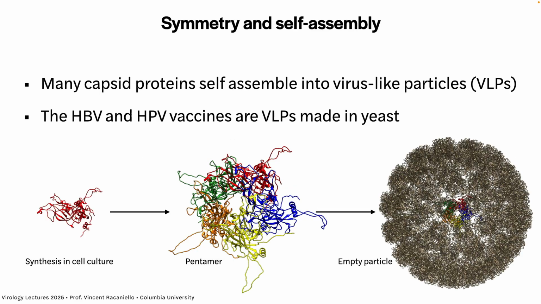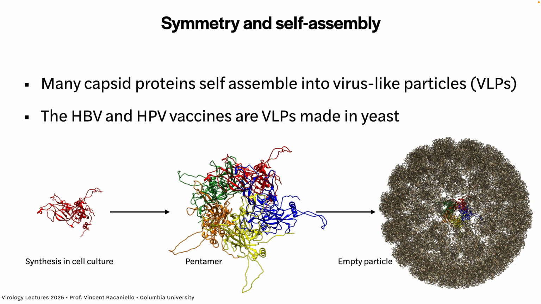And these rules are very useful practically, actually. It turns out that if you produce the capsid proteins of many viruses in cells or in extracts, they will self-assemble into a virus particle. We call them virus-like particles because they don't have genomes in them.